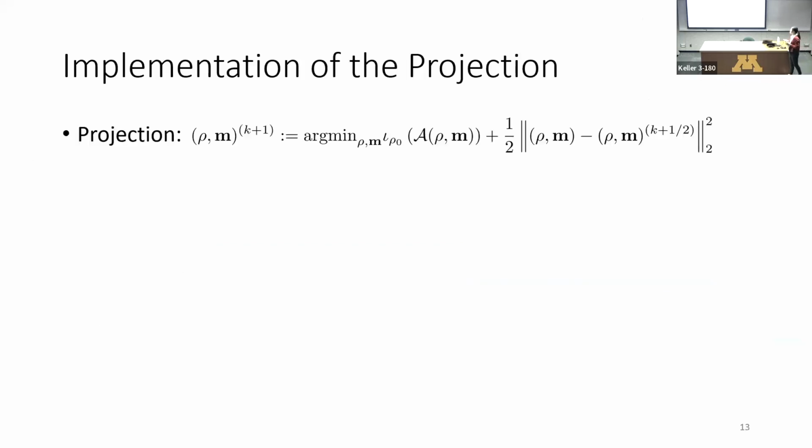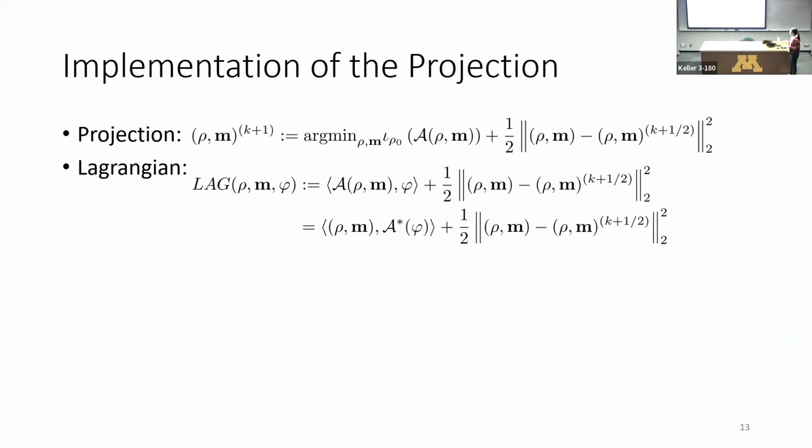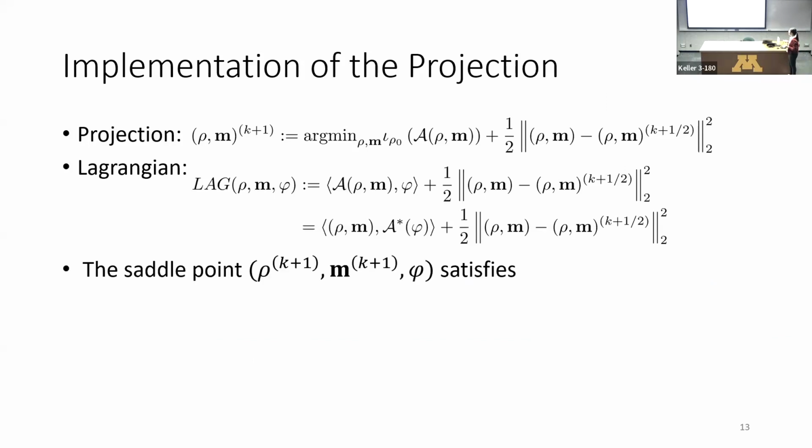So let's see, what's the key part of computing this projection? The same thing we do: we first write the projection, write its Lagrangian formula, and derive its first order optimality condition. By computing the first order optimality condition of this Lagrangian, we find that this is what we have.